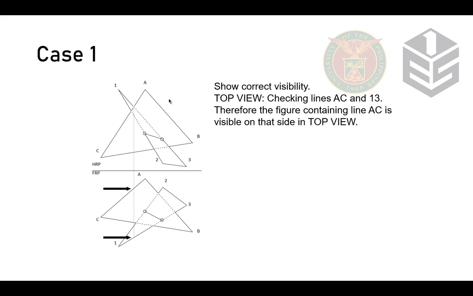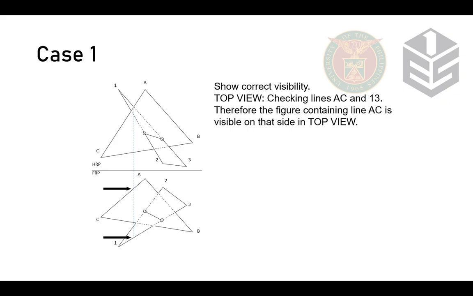A good tip I can give you, when you're trying to check for correct visibility in lines of intersection, is that you just look at your final answer, no? Look at the final answer and try to imagine the planes in space. If the visibility you have drawn makes sense. Because if you've drawn the wrong visibility, your final answer will look a little bit odd, no?